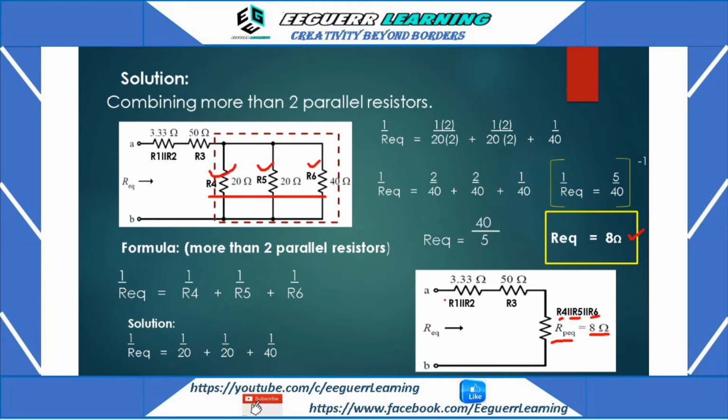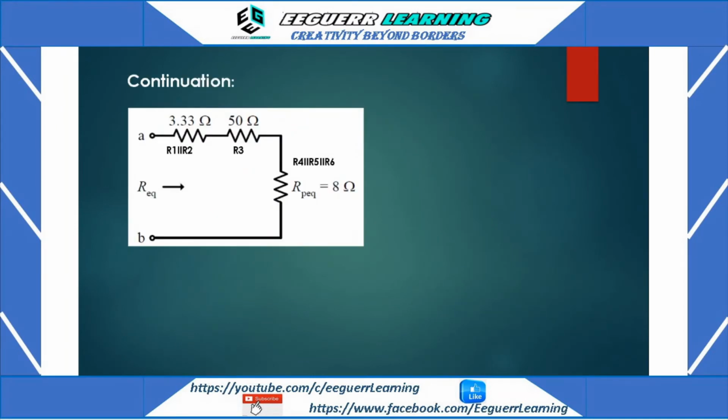Okay, so we can now combine this as a series combination. Okay, so let us continue. So here, this is our series circuit, and we're going to apply now the formula for the series connection.